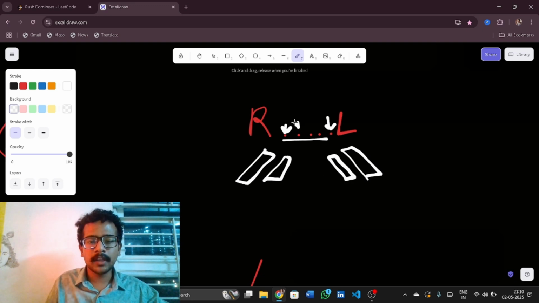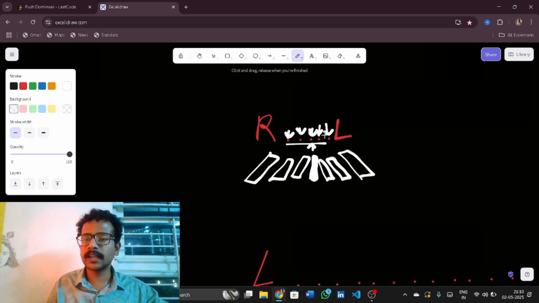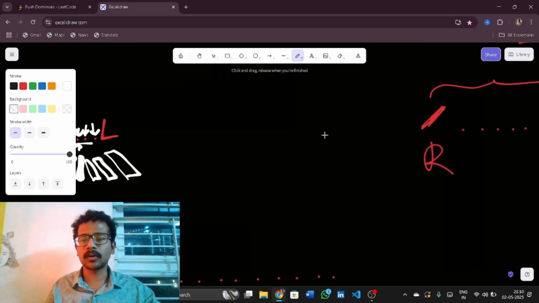Now I am here, and push it to the right and push it to the left. Now both pointers are here. I don't push it anyway. So I'll stop my loop when I get my two pointers pointing at the same index. I think it's clear for you now.